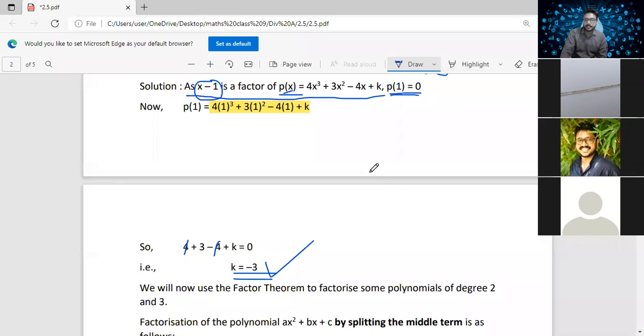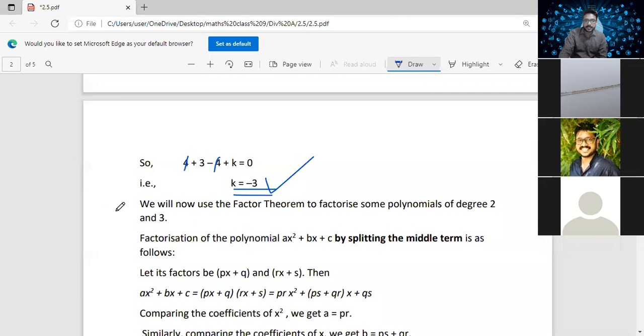And the next section is an important section also: by splitting the middle term. For your exams, you may be asked specifically to factorize a polynomial by splitting the middle term.